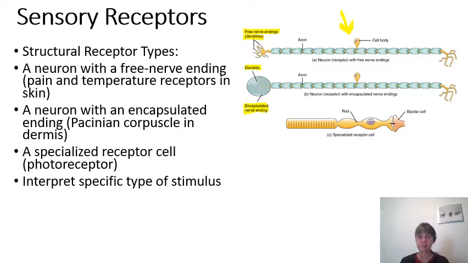Sometimes receptor cells can be specialized, and here we have a specialized receptor cell in the form of a rod. A rod is a specialized photoreceptor cell. There are also photoreceptor cells called cones, which have a very specific shape and structure so that they can interpret different types of stimulus.